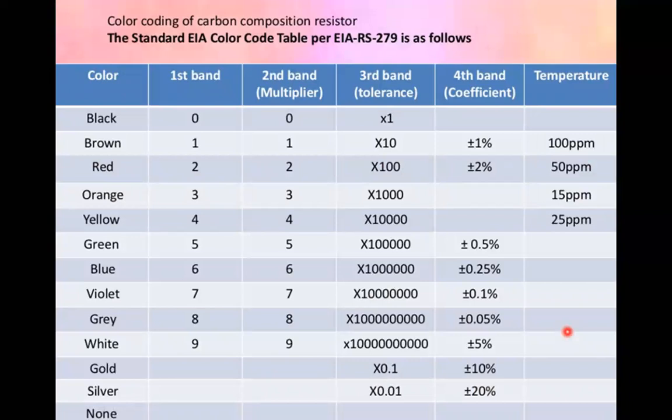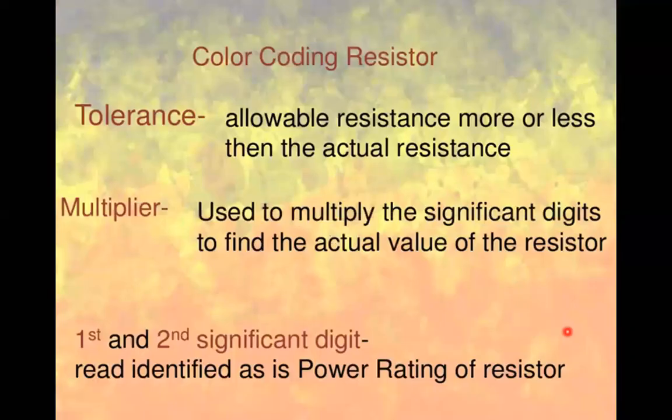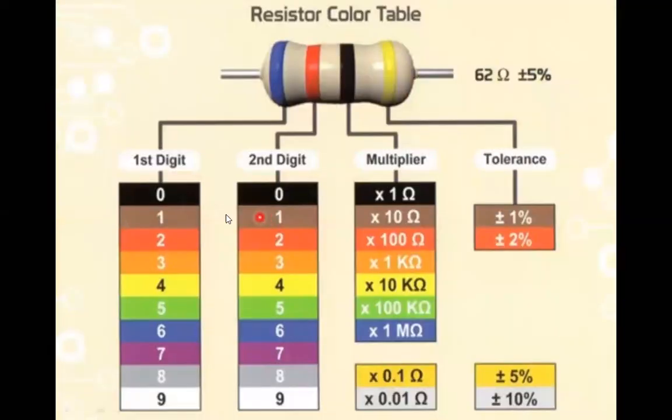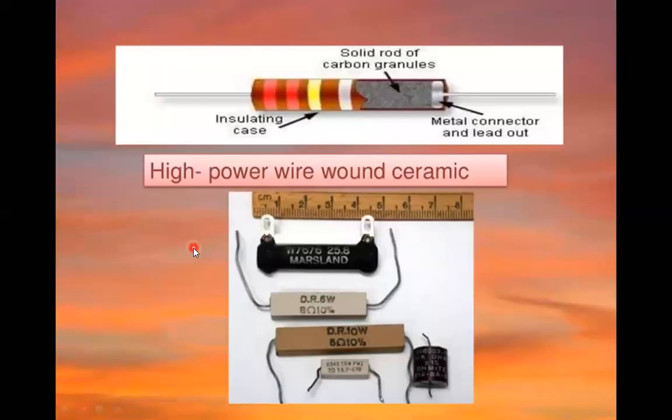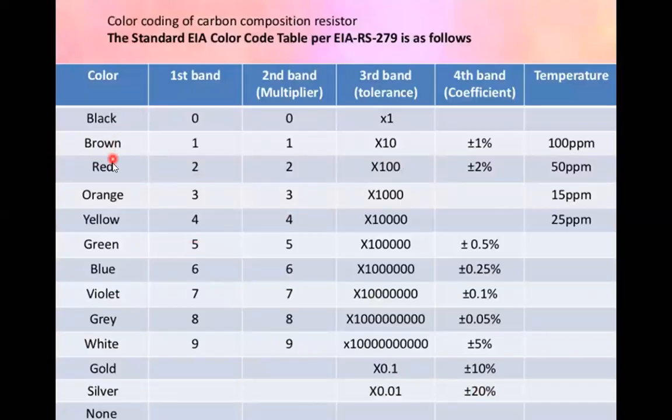Let us understand the color coding. If we go back here, we have the colors for the first digit: black, brown, red, orange, yellow, green, blue, violet, gray and white. So these are the 10 colors we have. Here you can see the same: black, brown, red, orange, yellow, green, blue, violet, gray, white, and this is for the tolerance, gold and silver, and if there is nothing, then there is no tolerance.